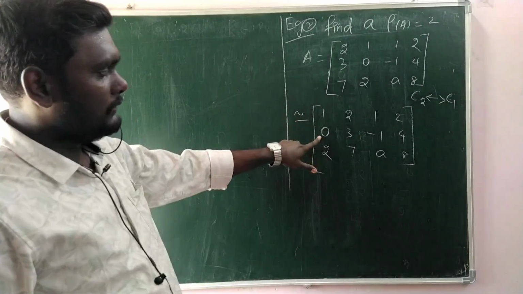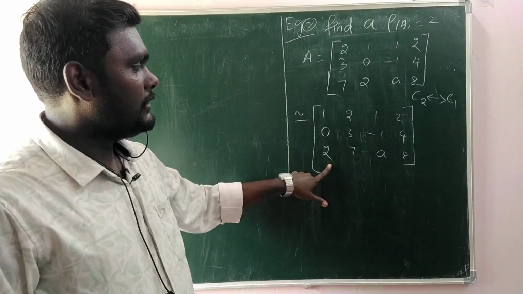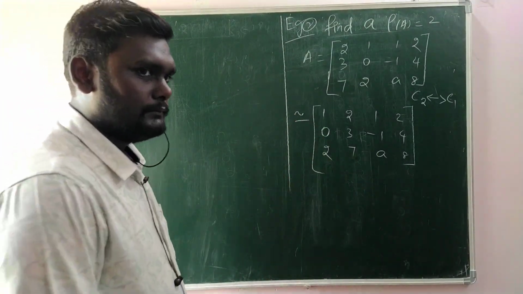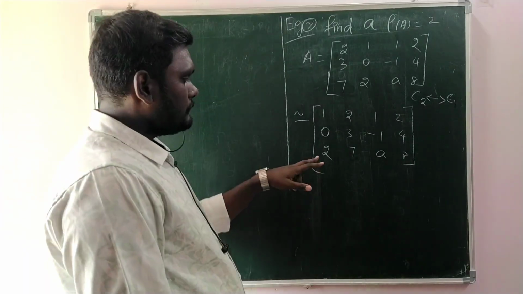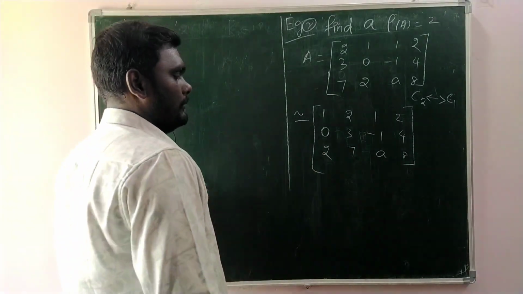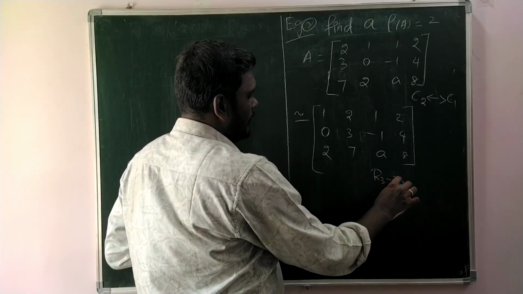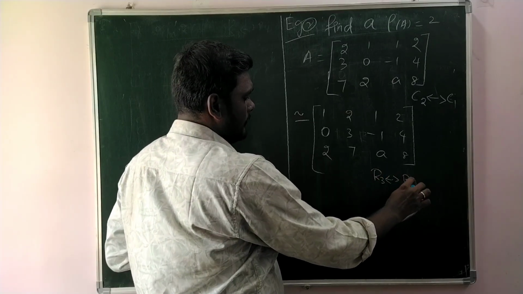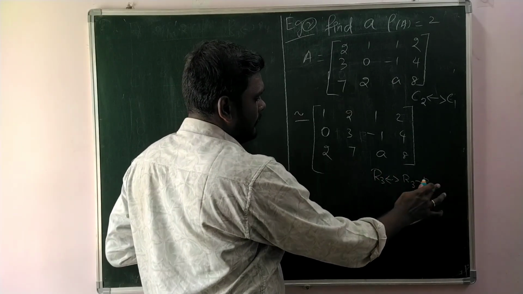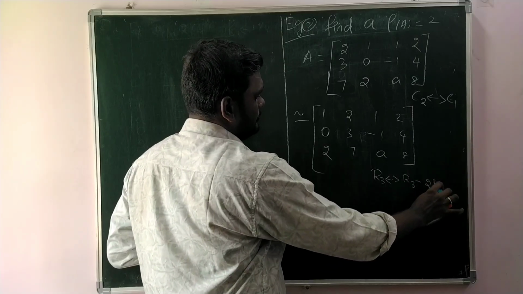Now I got 1 here and 0, so these 2 zeros are obtained. Now this place should become 0, so we will apply R3 minus 2 times R1.